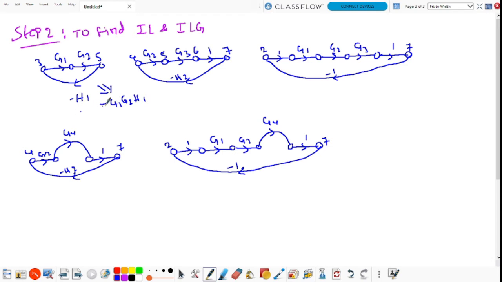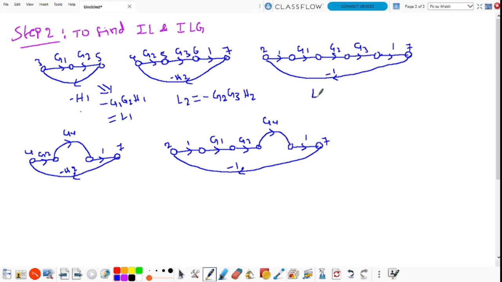The second individual loop gain is G2 into G3 into 1 into minus H2, so L2 is minus G2 G3 H2.